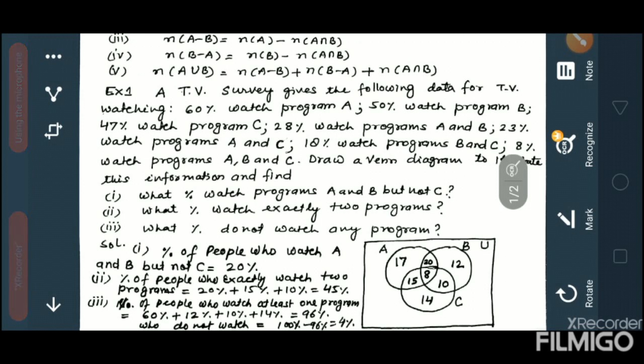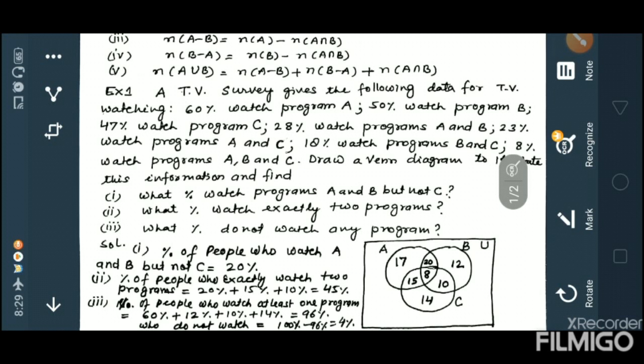Draw a Venn diagram to illustrate this information and find what percent watch program A and B but not C, what percent watch exactly 2 programs, what percent do not watch any program.